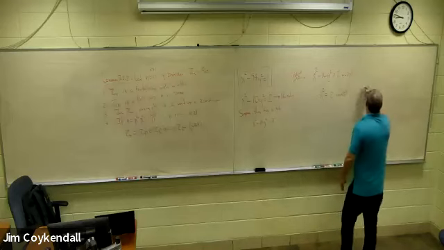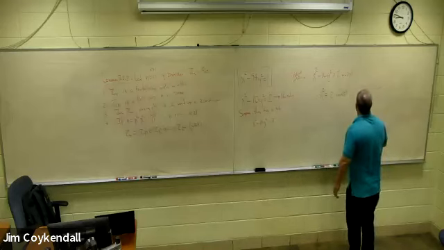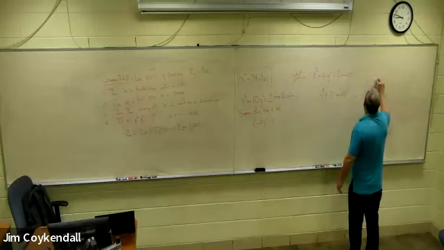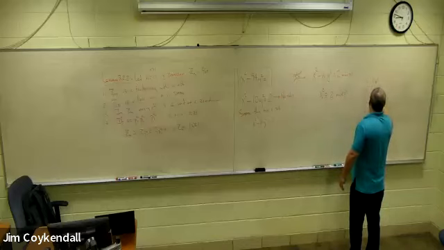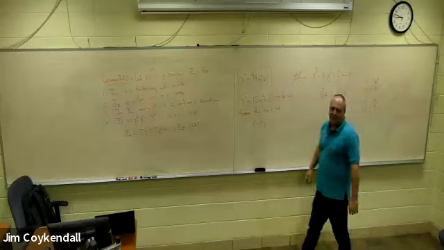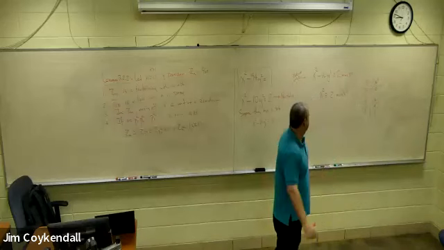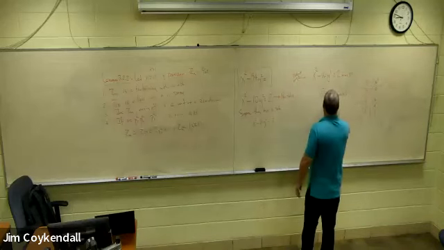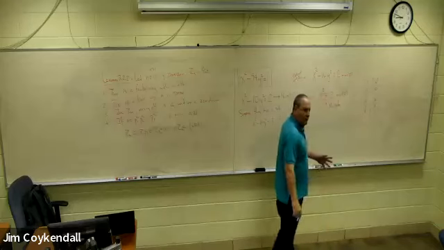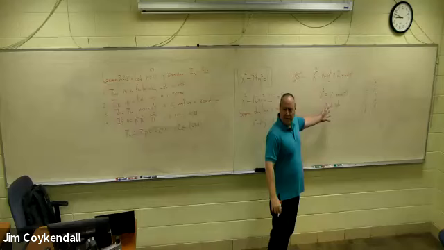All you have to do is make a table here. X: 0, 1, 2, 3, 4. X squared: 0, 1, 4, 4, 1. No solution. There's only finitely many things to check.